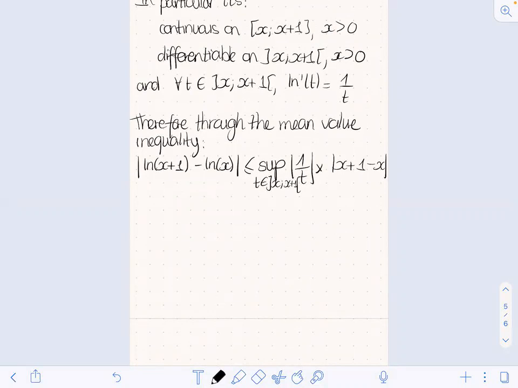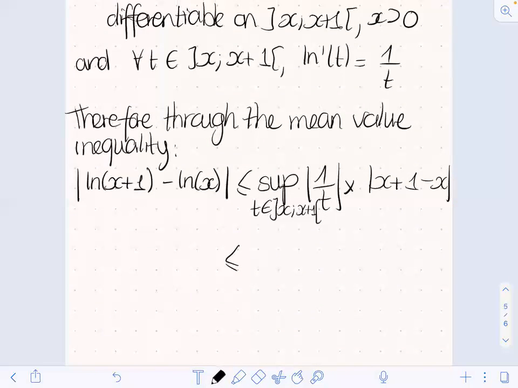And what can we say about the two terms on the right hand side here? It cancels to just be the sup of 1 over t. Yeah, you're absolutely right. This here is equal to 1, so it's smaller than the supremum of the absolute value of 1 over t for t belonging to x to x plus 1.